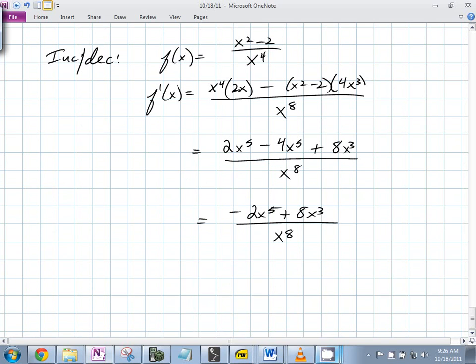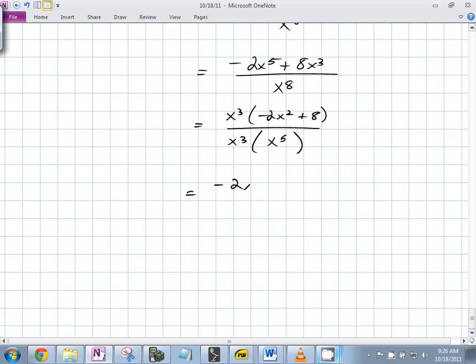So you could pull out x cubed. We already know the original function is not defined for x equals 0, so canceling this out is okay. Negative 2x squared plus 8 all over x to the 5th.